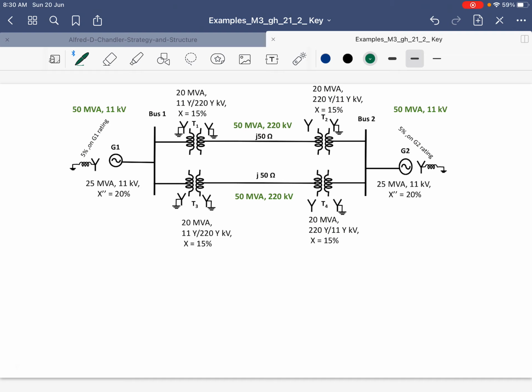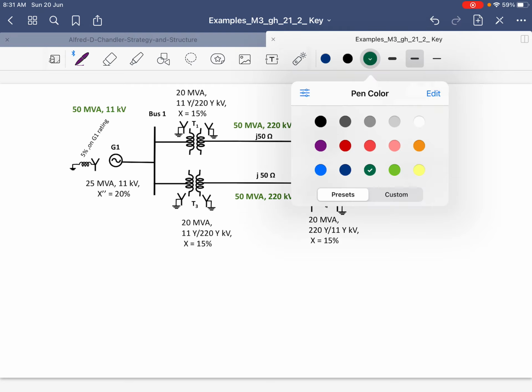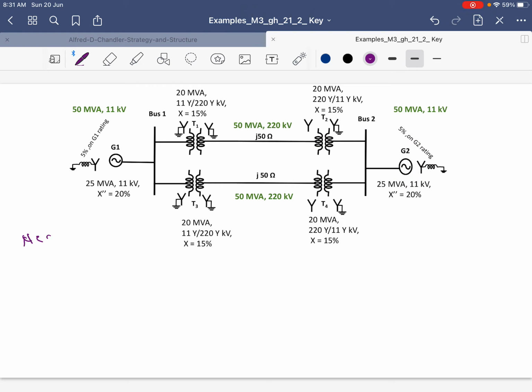I'll draw the negative sequence diagram here, the negative sequence network.